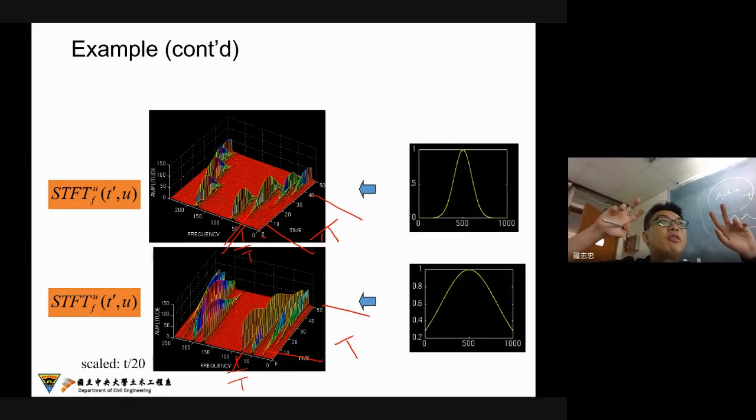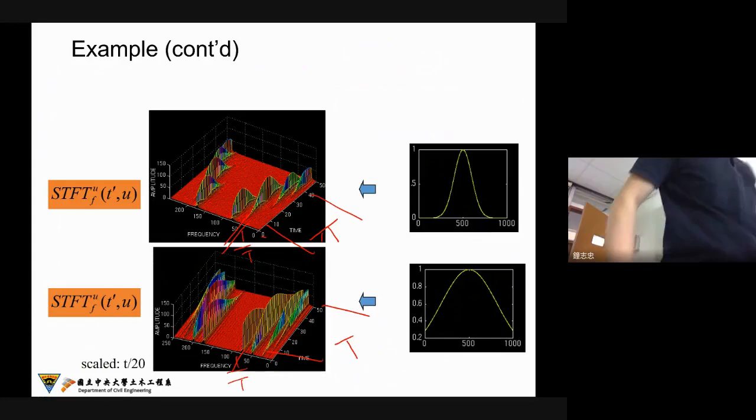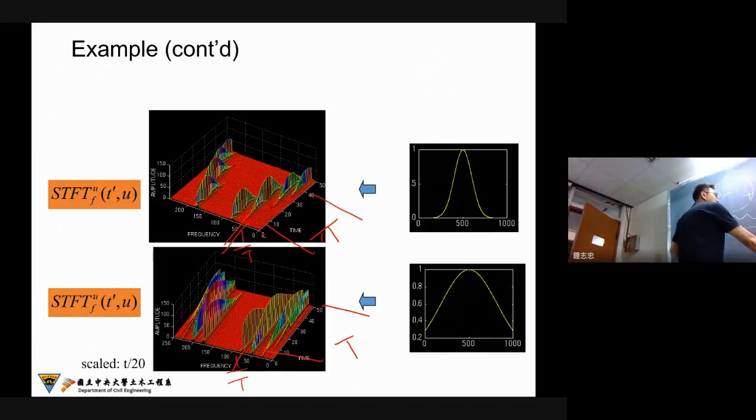So this is what we call the trade-off. You need to find the balance. If you look at a very short time window, you may lose the resolution in the frequency domain.